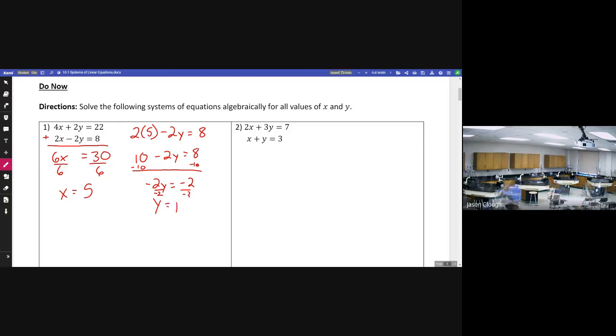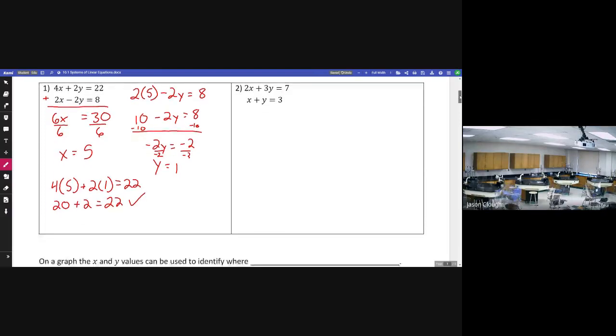I'm not done yet because once I do this, I then have to double check by plugging these numbers into the other equation. So I didn't use the first equation before, so I'm going to use it now. So 4 times 5 is 20. 2 times 1 is 2. 20 plus 2 is 22, which is what we get up here. So this is correct.